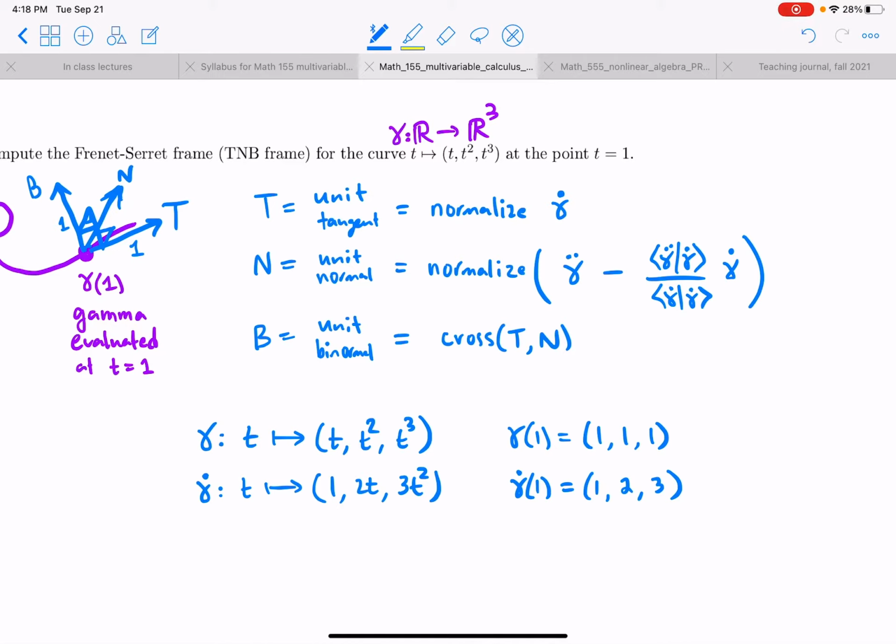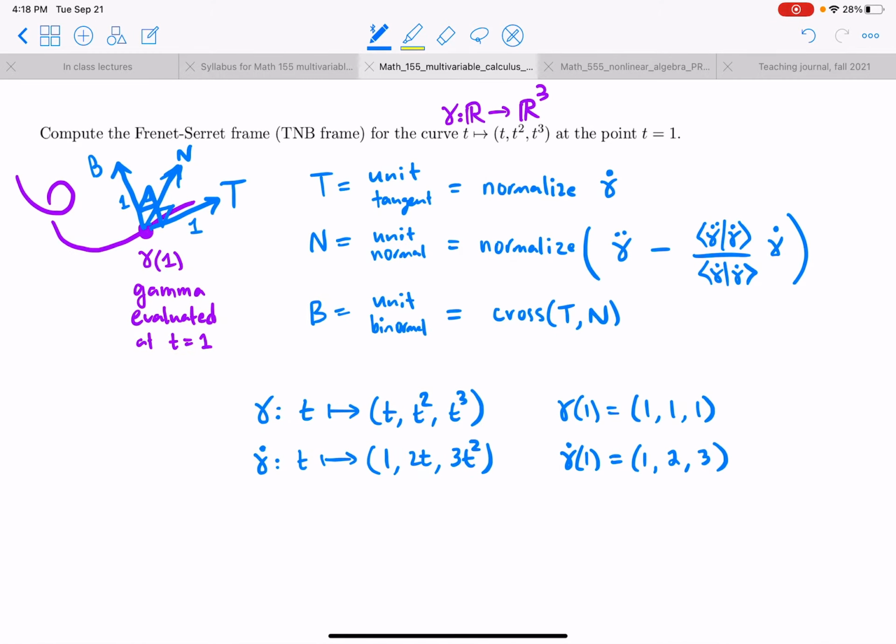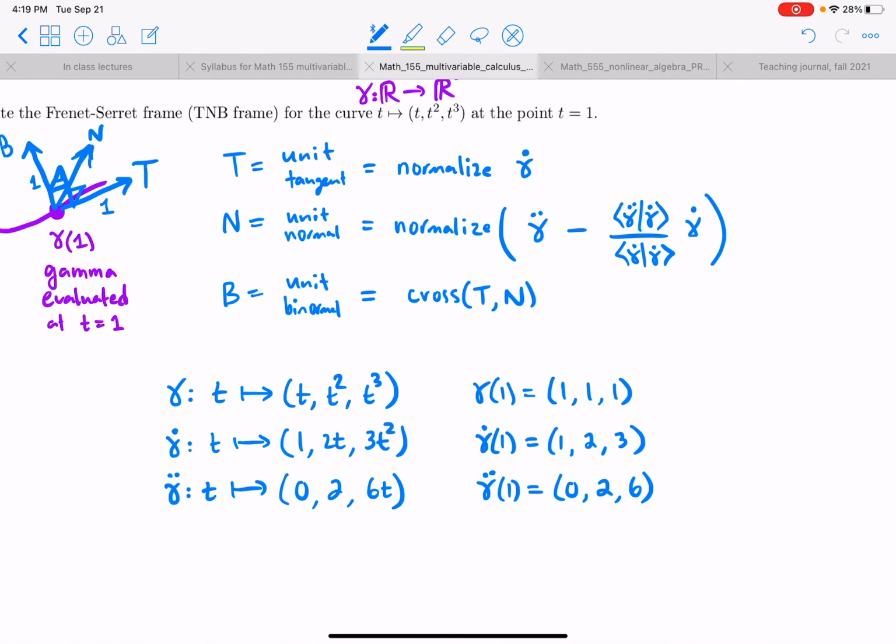Pause this if you want to take your time and just make sure you follow what I'm doing. Gamma double dot is the acceleration, and now we take the derivative one more time, and we plug in at t equals 1. Okay. And so we'll also need these dot products, so why don't I just compute them right away.